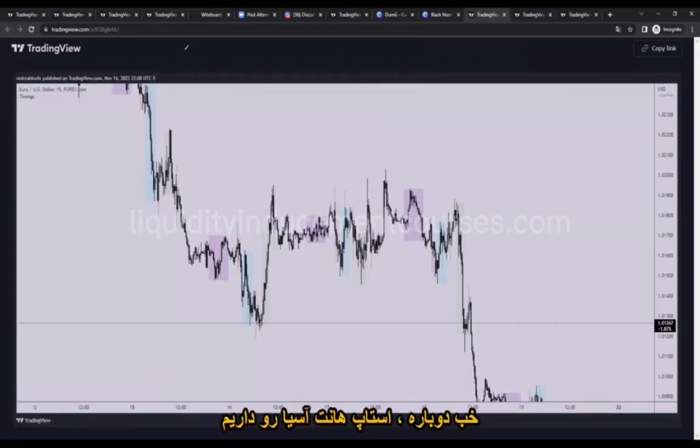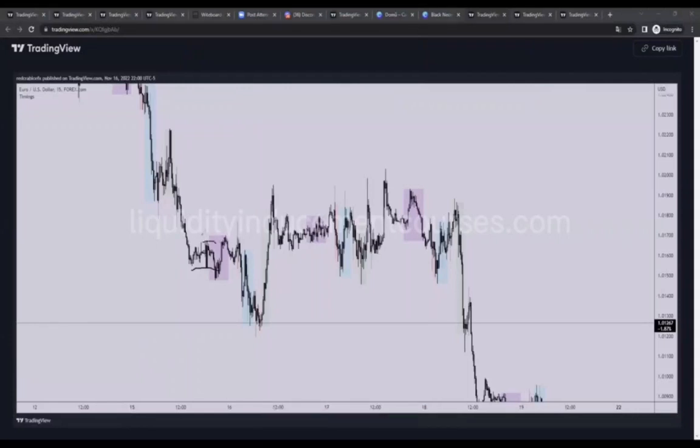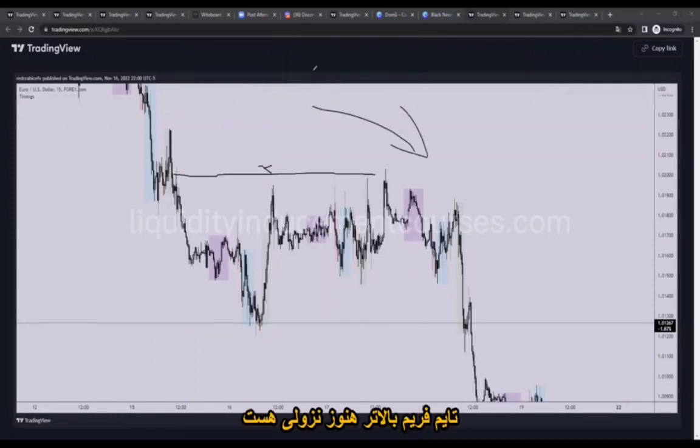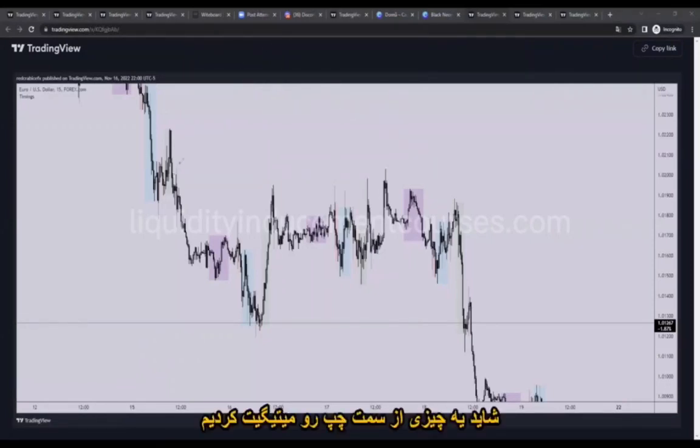So again, you have Asian stop hunt, break of structure to the upside, but the higher time frame context is bearish, so it doesn't work again. And there was one more, and here after this we took out all liquidity, and higher time frame context is still bearish. We are maybe mitigating something from the left, and now you see this Asian range.